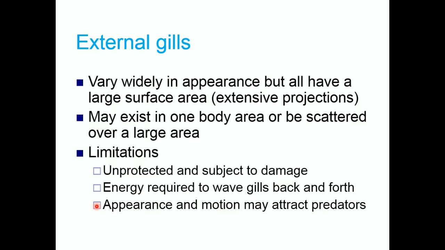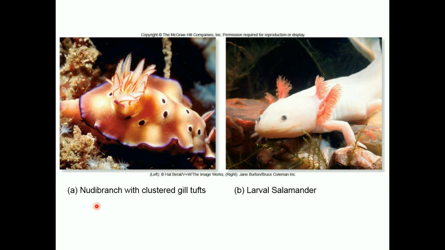Now, a constant movement of gills then potentially may alert the predator that there is some yummy morsel out there in the water. Now, here we have two examples, one invertebrate and the other one vertebrate.